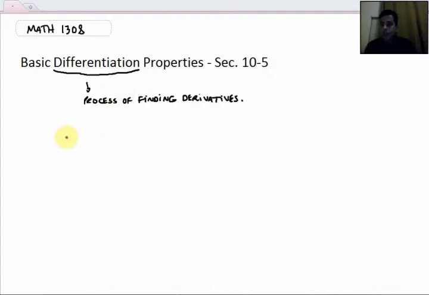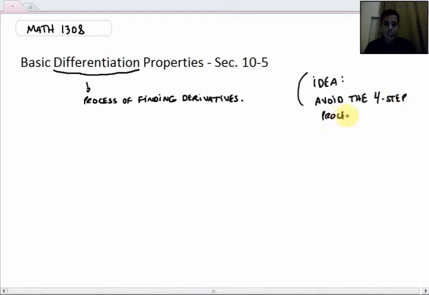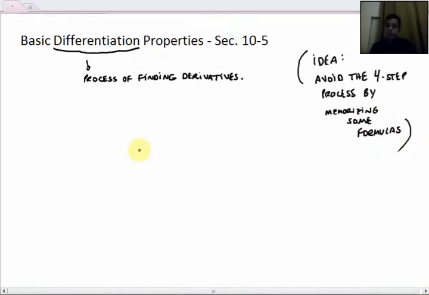So the main idea of this section is to avoid the four-step process, because the four-step process is how we find the derivative, but the idea is to avoid it by memorizing formulas. Okay, so here's the first formula.